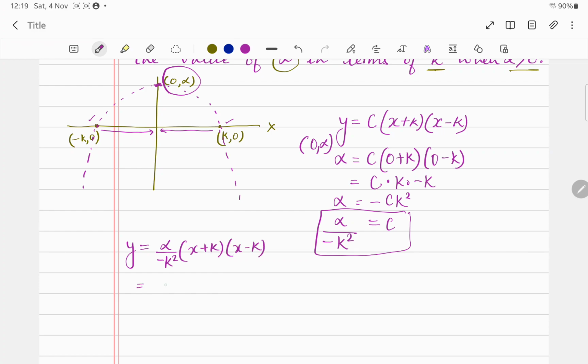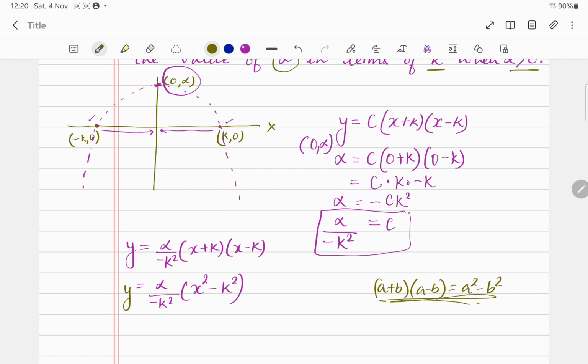We can simplify this using a plus b times a minus b equals a squared minus b squared, so it becomes x squared minus k squared. Now I have the equation of the curve.